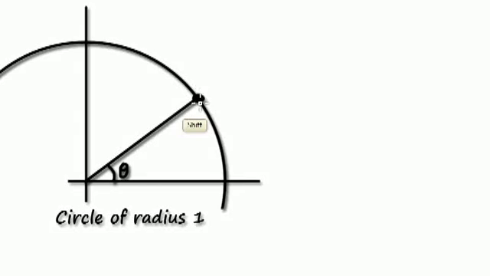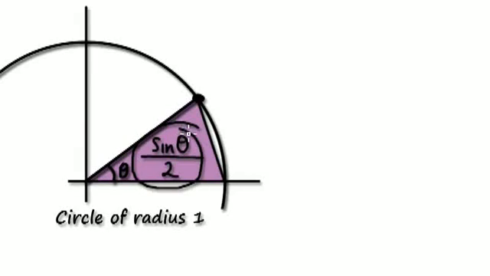Now if you draw a line from here straight to here, it will look like this. Drawing a straight line there, the area of this purple triangle is sine theta over 2. Now if you don't understand why, watch some of the earlier videos. I gave you several exercises to do in preparation for this video. So the area of this triangle is sine theta over 2 when you work in radians.